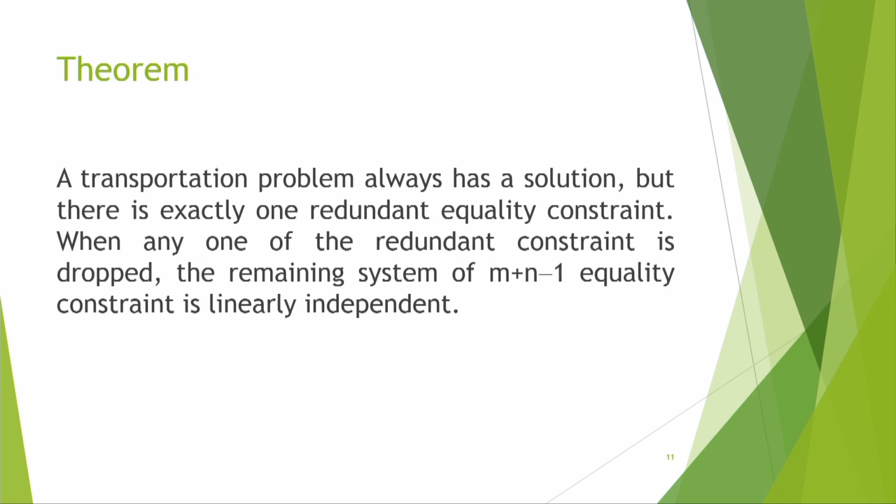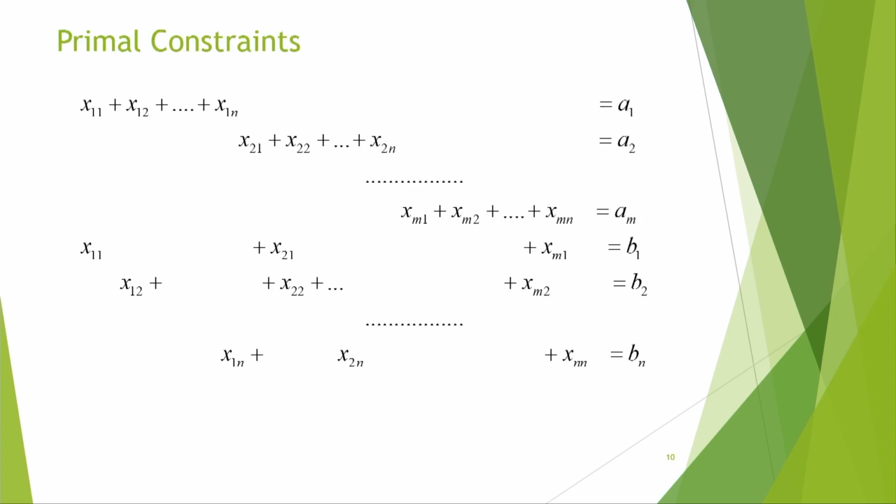So when you are solving that, you see that total constraints are basically m plus n, right. There may be m sources and n destinations, m suppliers, n receivers. So total constraints are m plus n, but effectively there are m plus n minus 1 independent equality constraints, because you also have the condition that the sum of the a's is equal to the sum of the b's.